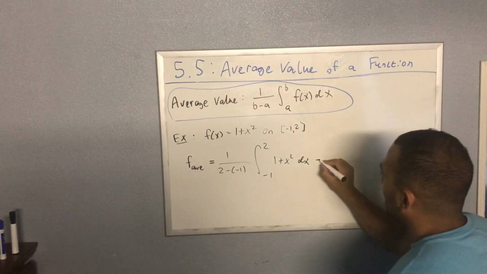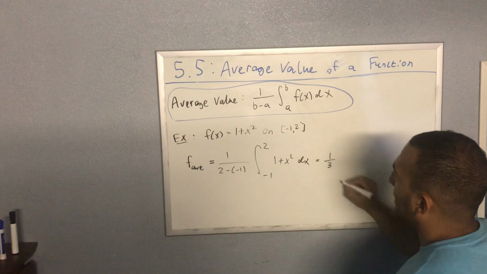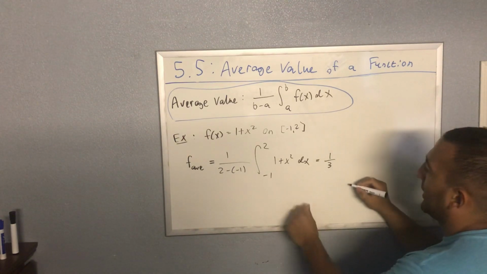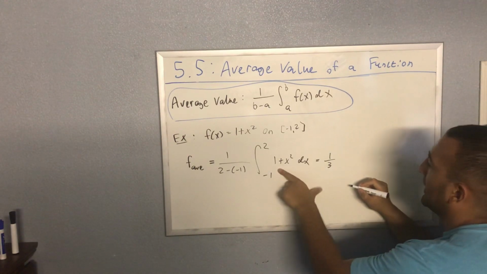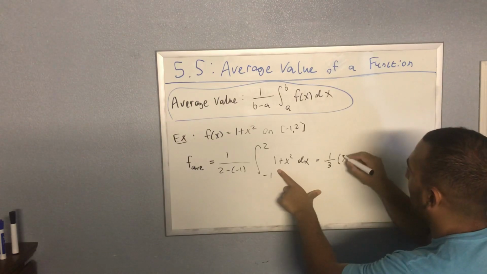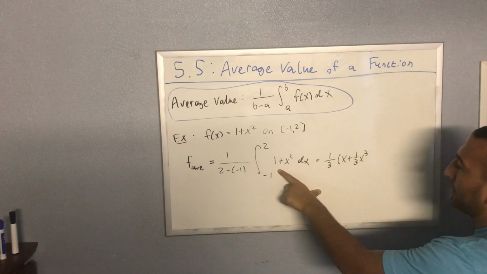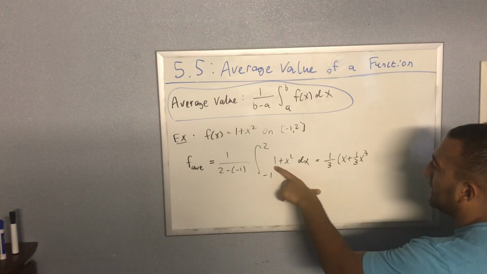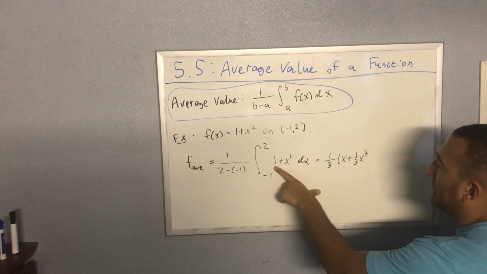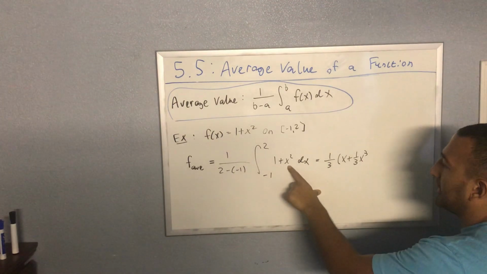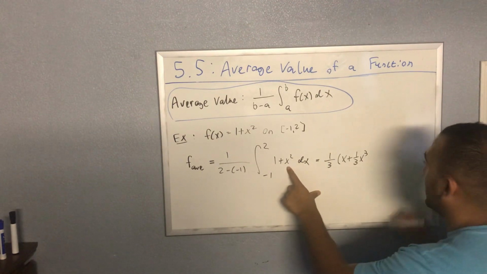Okay, so this is 1/3. And then what's this antiderivative? It's x plus 1/3 x cubed, right? Because this is a constant, you tack on an x to it, so you get 1 times x, which is x, plus then the power rule is 1/3 x cubed.